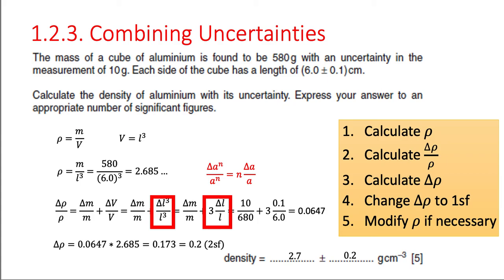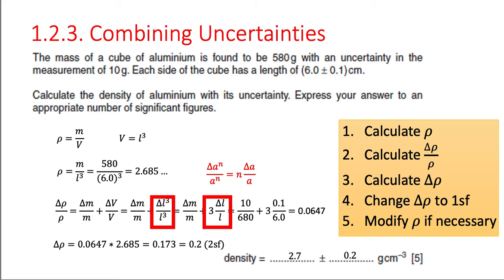Okay, the idea here is that after you've calculated your value of the uncertainty, you then need to revisit your value of the density and modify it such that the uncertainty makes sense with the value you've presented. So in this case, I could not present 2.685 plus minus 0.2. I have to change that so that the decimal places match, and then therefore I've got 2.7 plus minus 0.2.